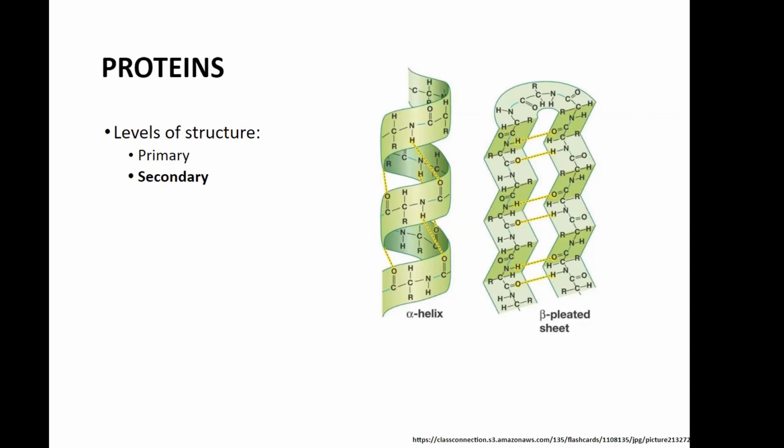So parts of this secondary structure will coil into alpha helices, and other parts of this structure will fold into sheets. So sometimes we'll see a curl, and sometimes we'll see the peptide chain double up on itself and form what we call a beta pleated sheet. So that's our secondary structure of the protein. That's the first step as we start to crumple it up.